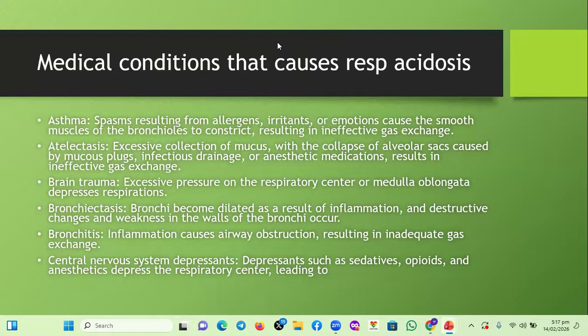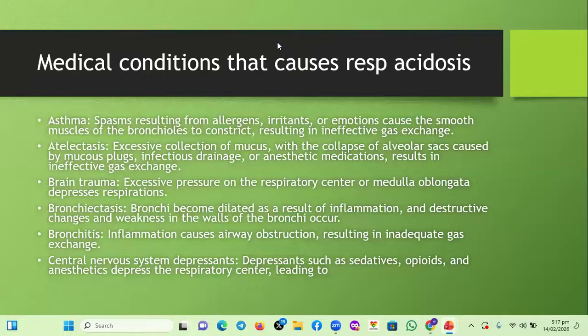Then we have brain trauma. The respiratory centers are located within the brain, in the medulla oblongata. So when you have brain trauma, it leads to respiratory depression, and the individual will retain more carbon dioxide.